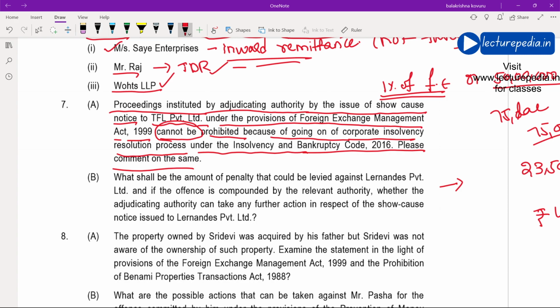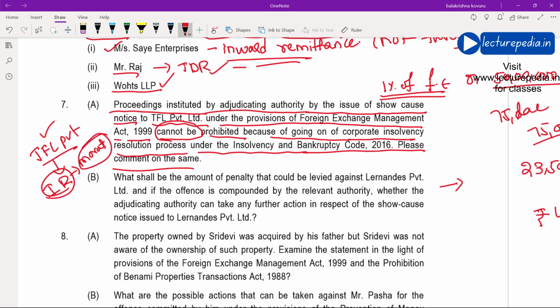Basically, against this TFL Private Limited, the adjudicating authority under FEMA has issued certain notice prosecuting TFL Limited, but TFL Limited contends that there is an insolvency resolution going on against TFL, and under this insolvency resolution, a moratorium is implemented.